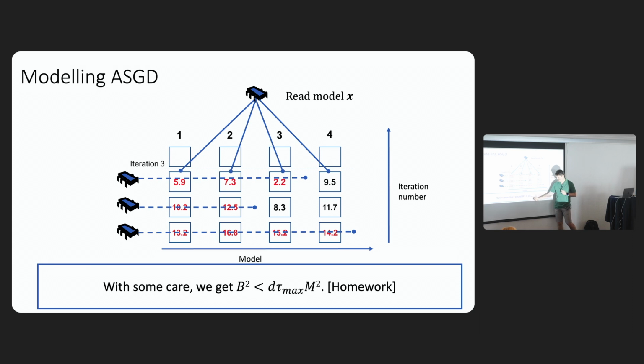The bound is pretty bad because it depends on tau max, the maximum interval contention, d, the dimension of the model, and m, the largest gradient value. We can discuss intuitive reasons for why these parameters are there, but this is close to the best known bound.